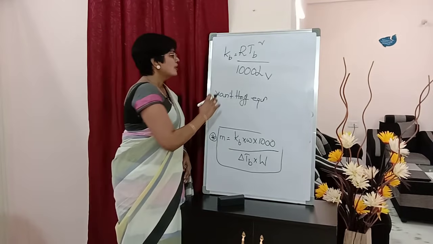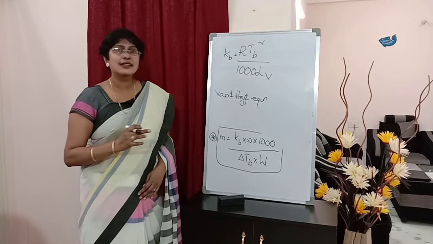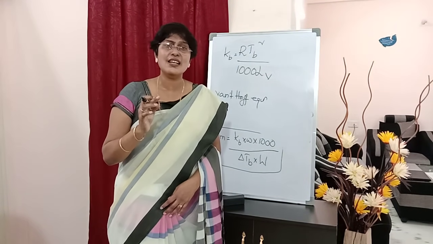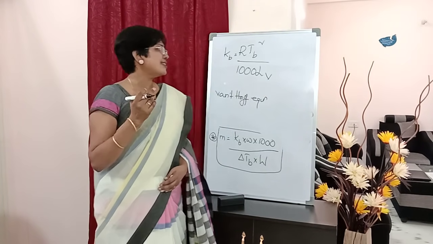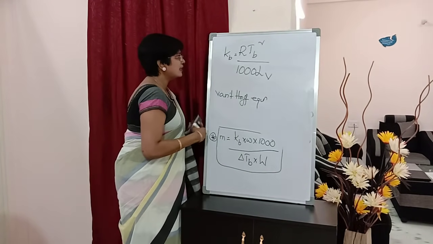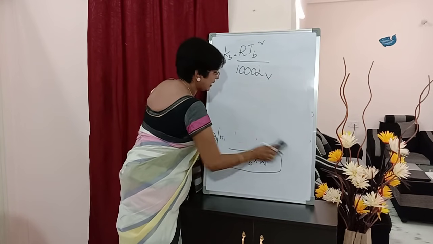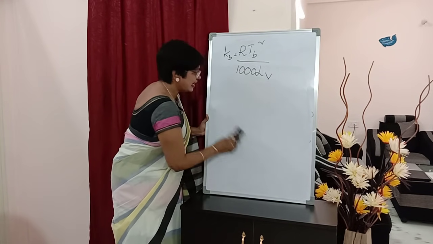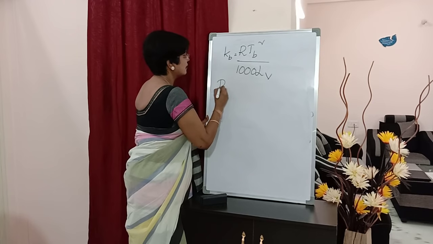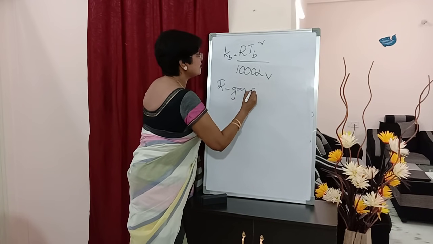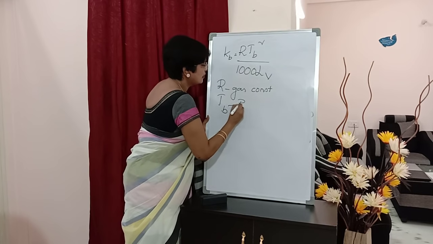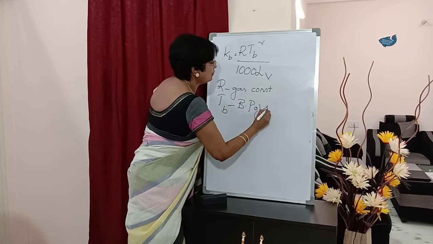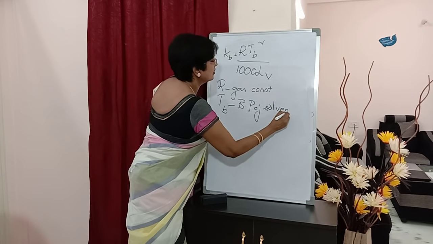I will tell you where capital R is the gas constant. Write down: where capital R is the gas constant. Next, Tb is the boiling point of the solvent.